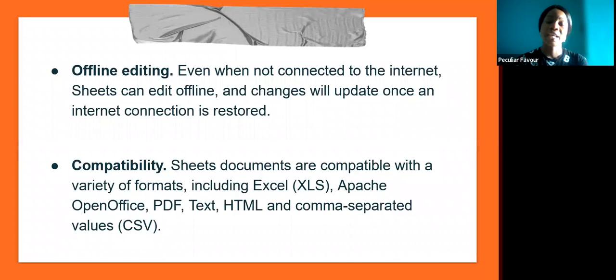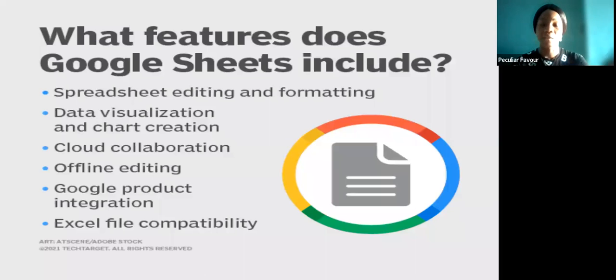Offline editing. You are able to edit this Google Sheet both online and offline. Google Sheet is mainly a web program. It's online, so that it helps you save. That's where you see in the first part where there was cloud collaboration.